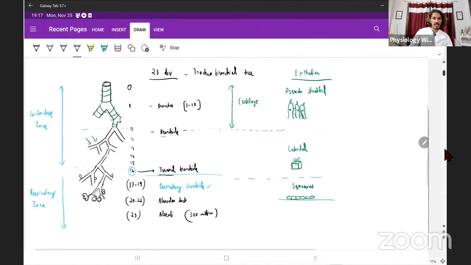The epithelium changes. First, cartilage: cartilage is existent here, but not present below that. Epithelium is pseudostratified, becomes cuboidal, then becomes squamous.